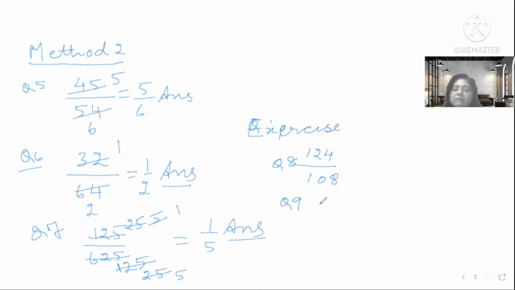One more question. Let it be question 8 and question number 9. You will solve and you will find out the answer. 84 upon 124. So you solve it and write the answer in the comment box.